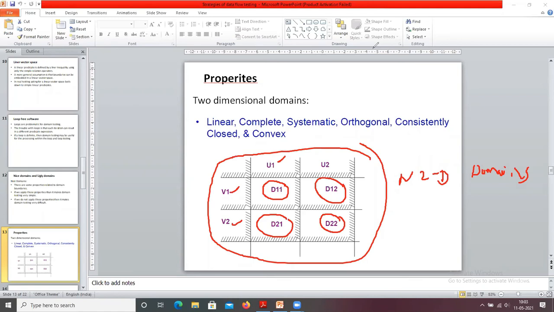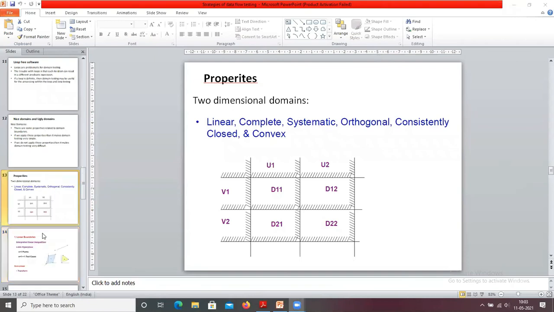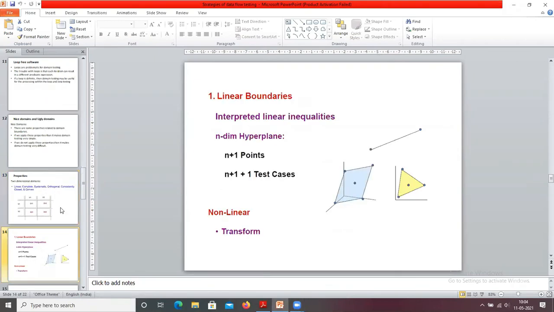And the next property is linear and non-linear boundaries. Nice domain boundaries are defined by linear inequalities or equations after interpretation in terms of input variables. If you observe this diagram, these are the linear boundaries.